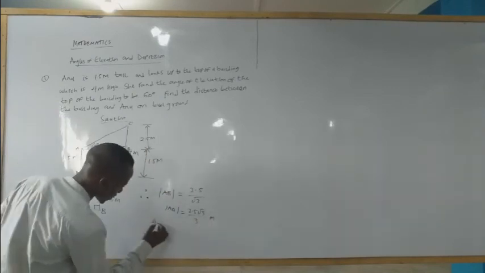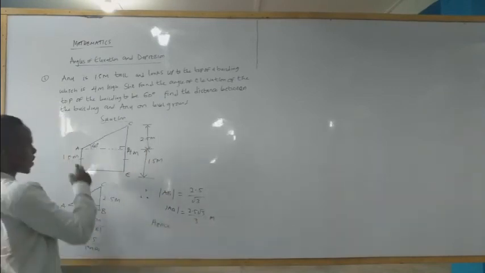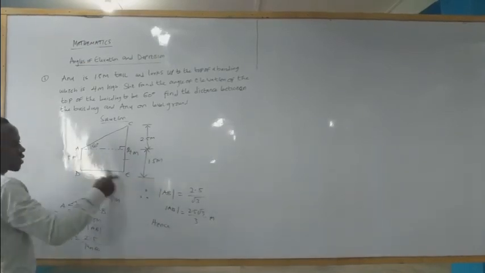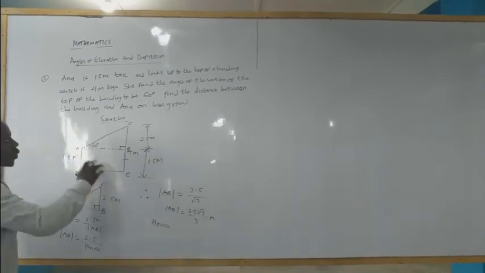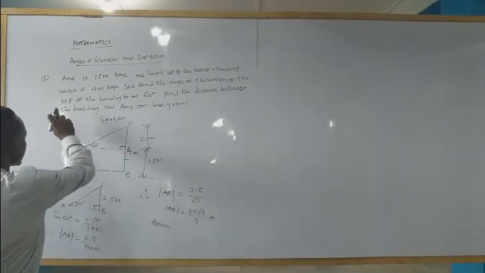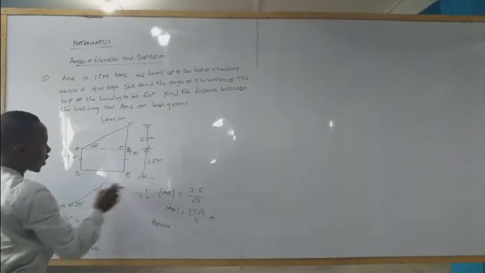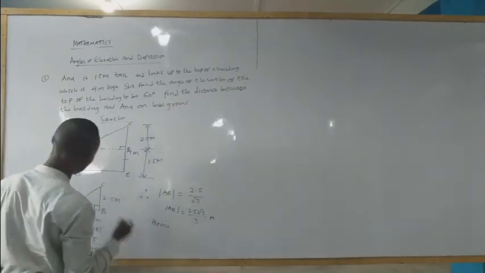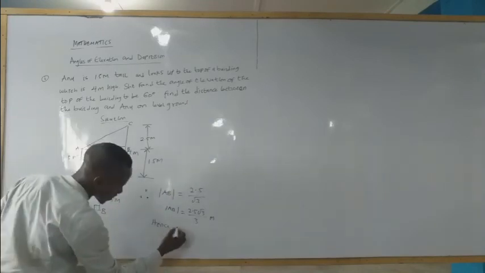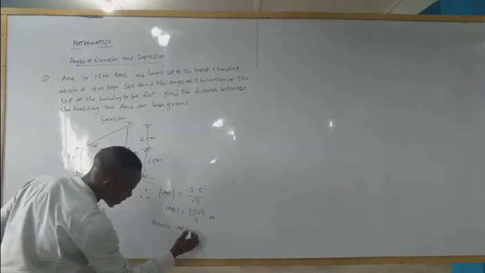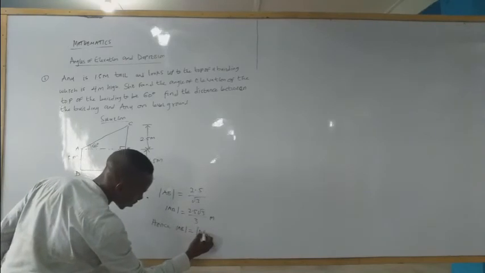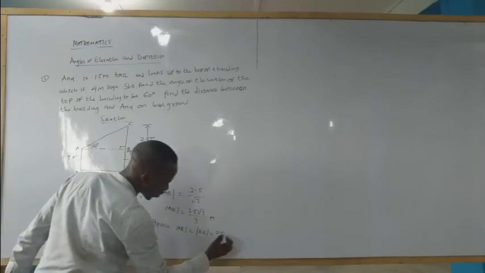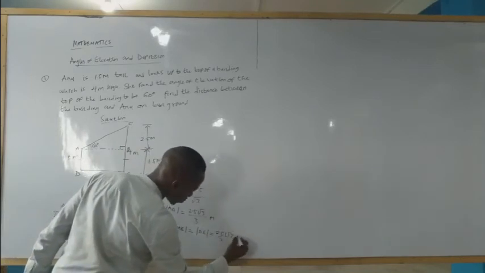Hence, since AB is the same thing as DE, and DE is what we are required to find, the distance between the building and angle on level ground, this is the level ground. So AB equals DE, which equals 2.5 root 3 over 3 meters.